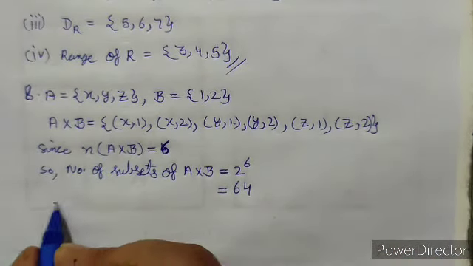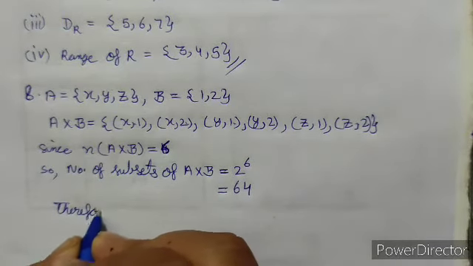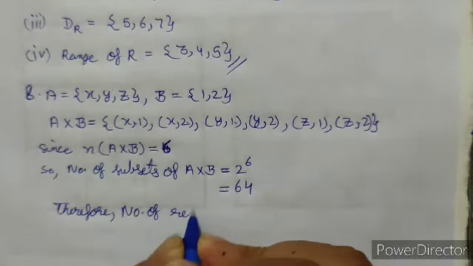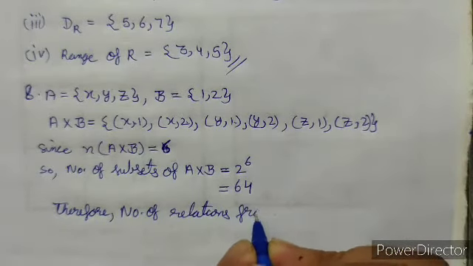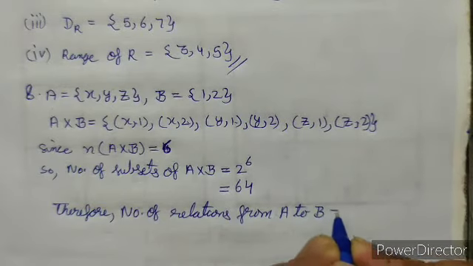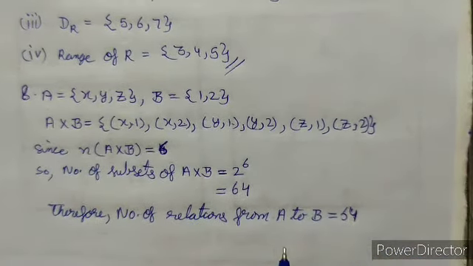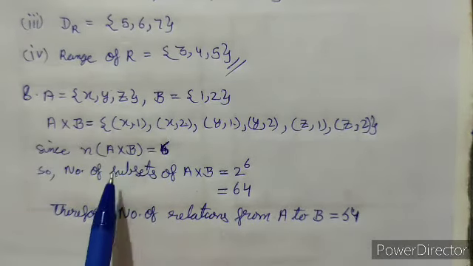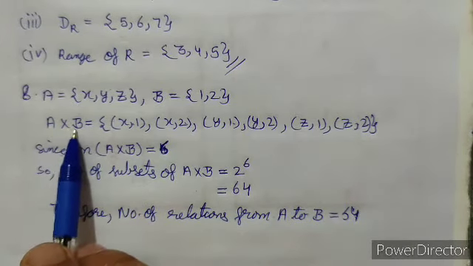Therefore we can say that the number of relations from A to B will be equal to 64. So the number of relations from A to B will be equal to the number of subsets of A cross B.